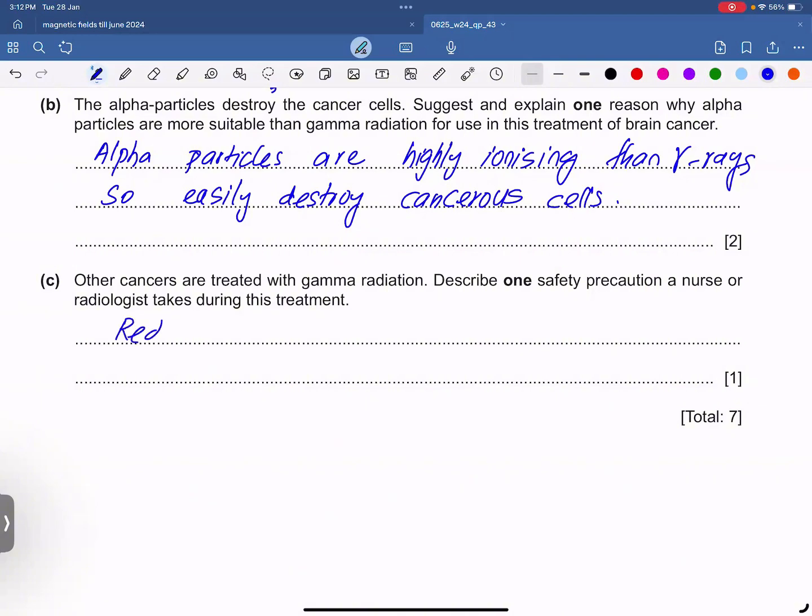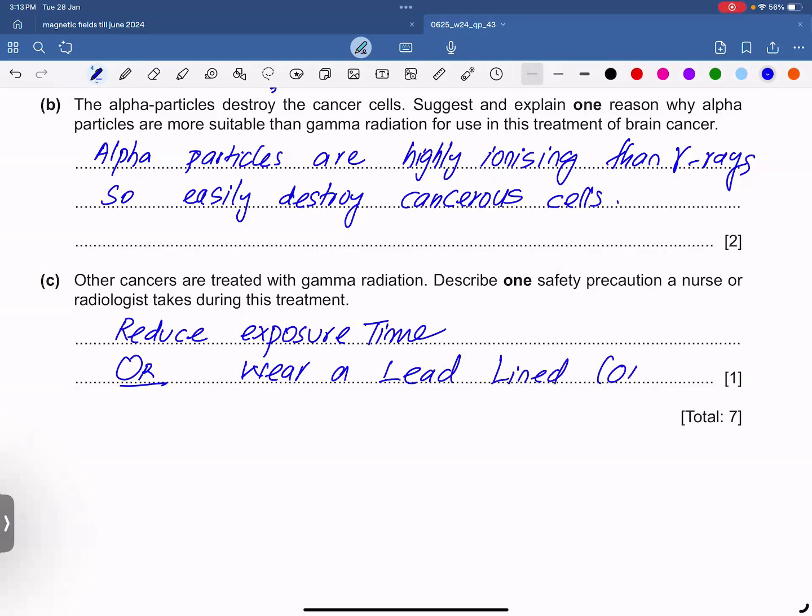So reduce exposure time, or you can say must wear a lead lined costume. That's it. Let's proceed to the next question.